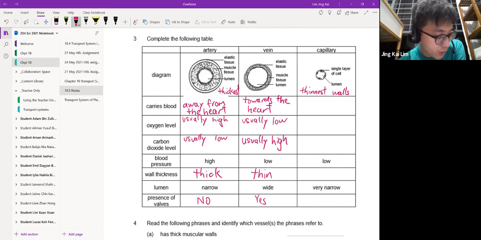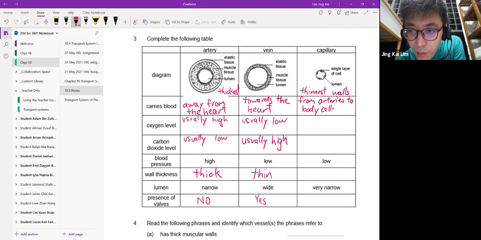So what are capillaries? Capillaries are actually the thinnest blood vessels of all. They carry blood from arteries to body cells, to complete it, to veins.